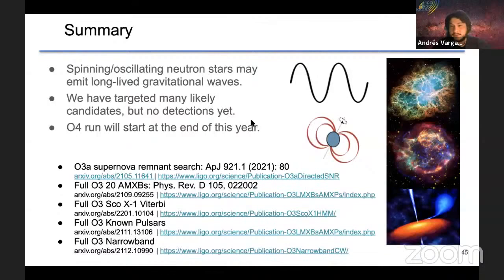So that makes this sort of search very difficult. If I had to put a bet, I would say that if it comes from LMXBs, it would be from something like the AMXP search, where we have the same sort of physical system in some ways, but the parameter space is smaller. So yeah, if I had to bet, I'll say that.